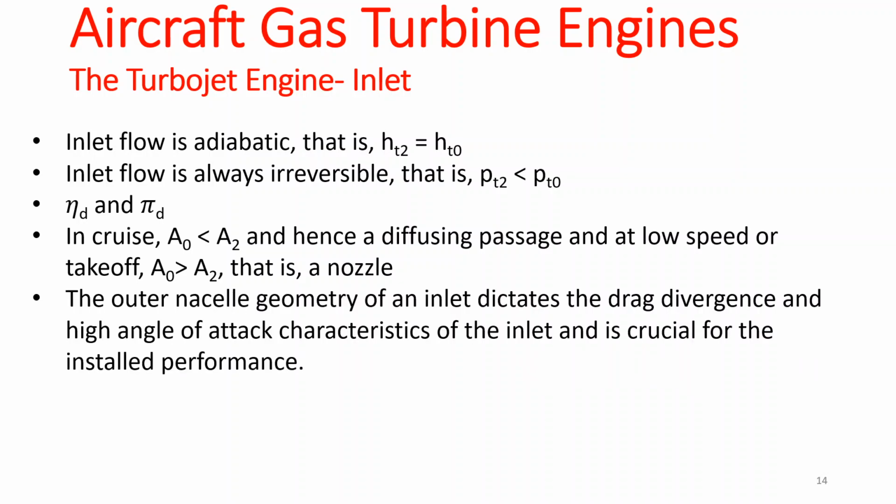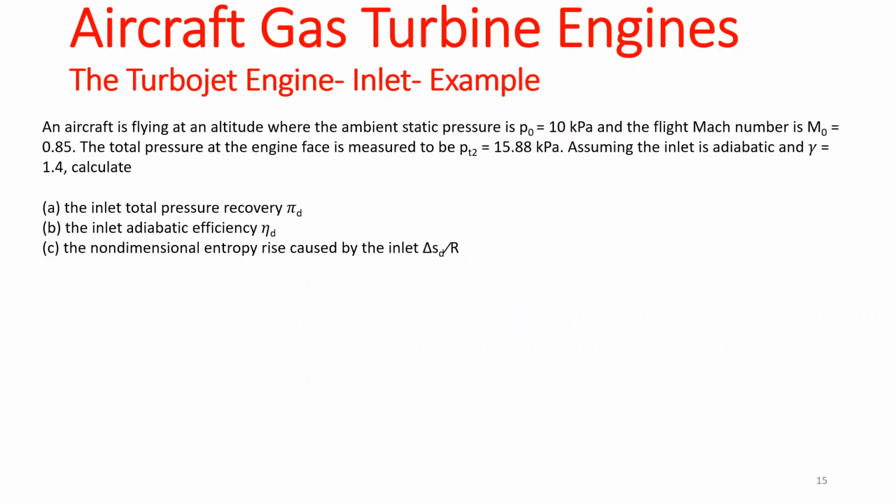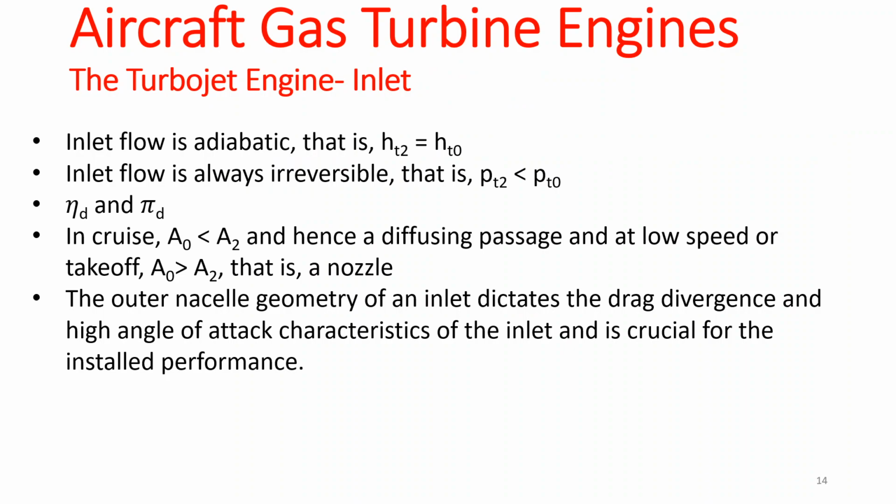You want to accelerate the flow. And the geometry of your inlet is very important when you want to do an external aerodynamic analysis on it. And it becomes very, very important actually at higher angles of attack when dealing with the installed performance. Are there any questions?